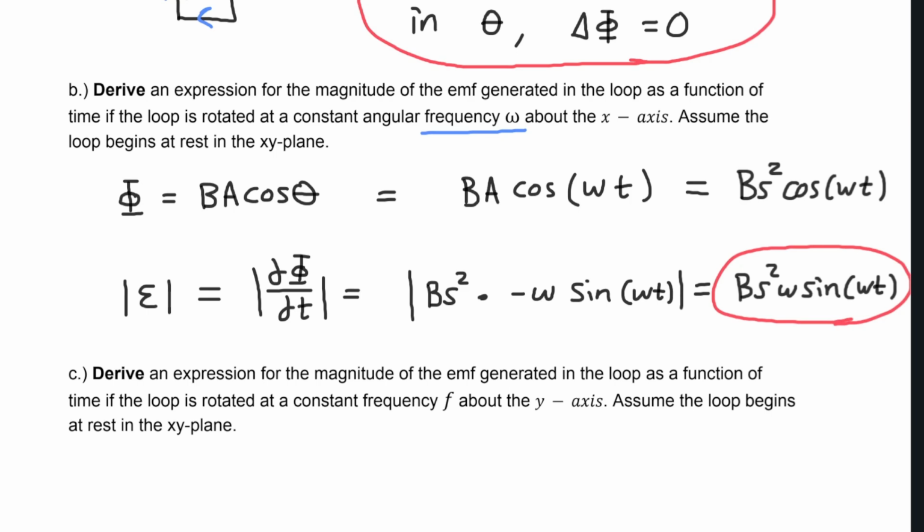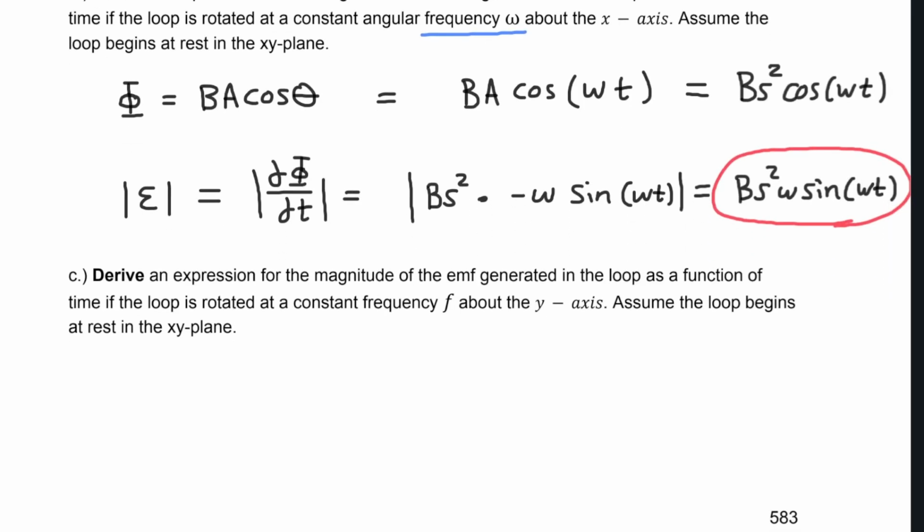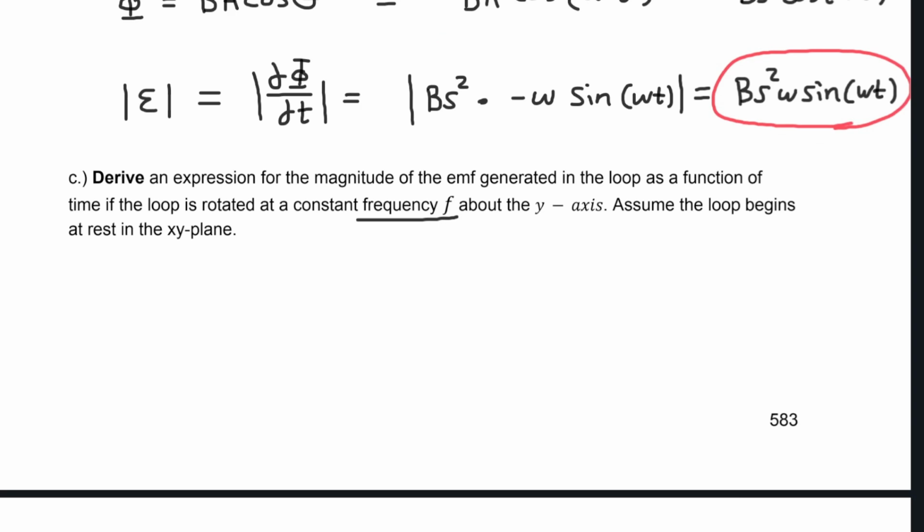And lastly, we're going to do the same thing, except it's rotated at a constant frequency, not angular frequency. So the answer is actually the same, where the EMF induced is going to be Bs squared times omega sine omega t. But we just need to figure out what it is in terms of frequency.